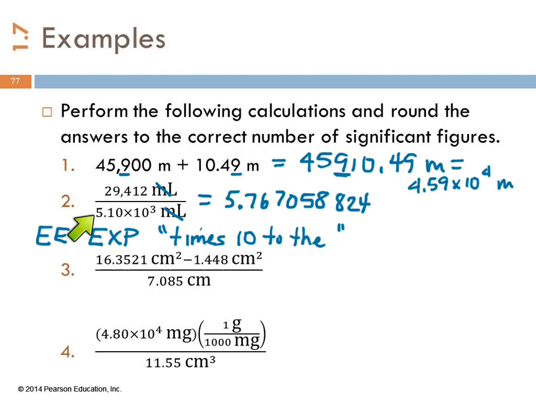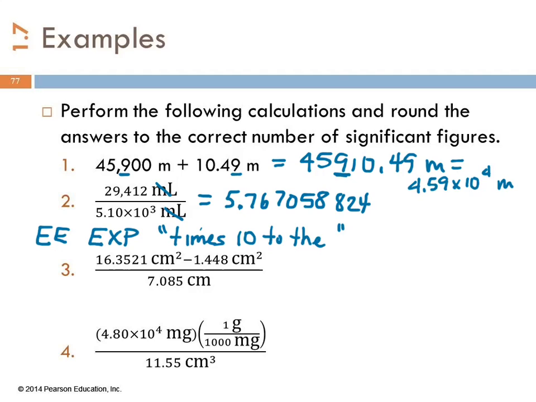So you go 5.10 and you press EE or EXP and you say times 10 to the, and then you press the 3. And we do use scientific notation throughout the course. Sometimes you can avoid it, but when we use Avogadro's number, there's no avoiding it. And so we have to learn how to use scientific notation on our calculator. If you have issues with that, please talk to me and we'll get that straightened out.